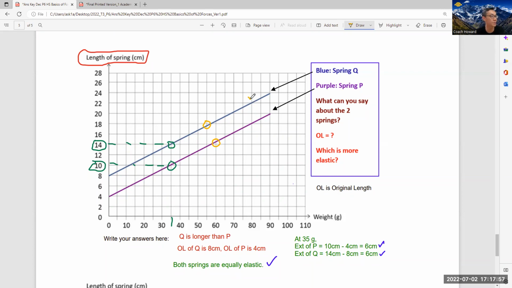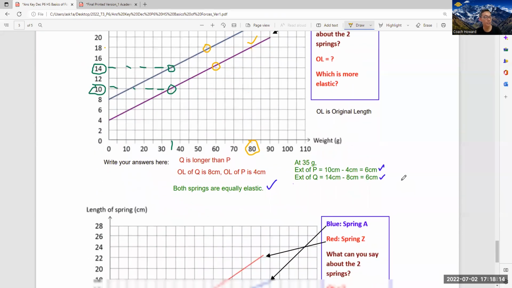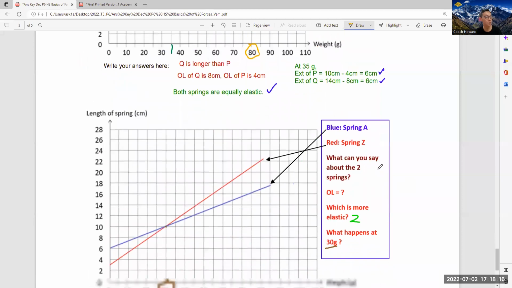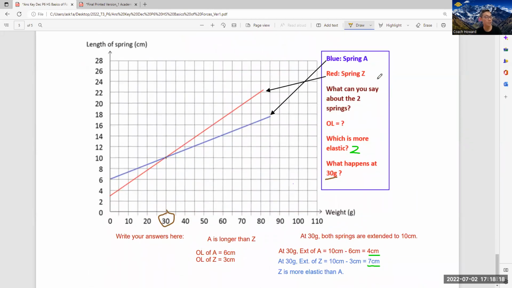Okay, this is also very clear. If you choose this one, that means at this 80 gram, you go and find out what is the extension. So this is 22, and then this is 18. So you choose the right spot to calculate the extension. For two springs that are not parallel, the steeper slope will indicate the more elastic spring.